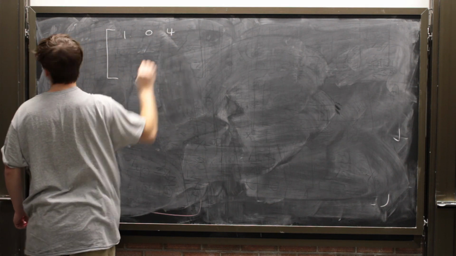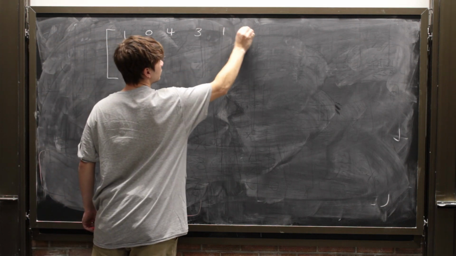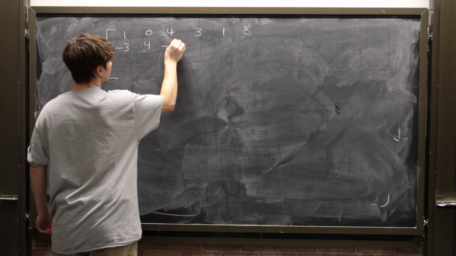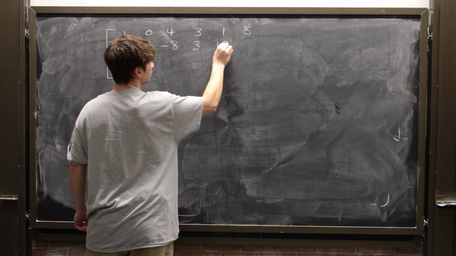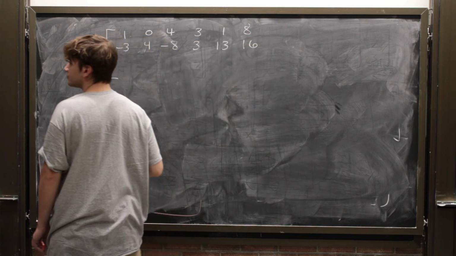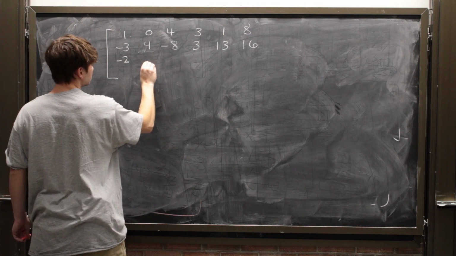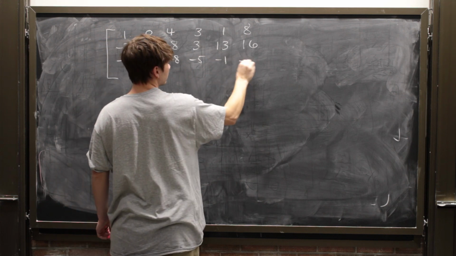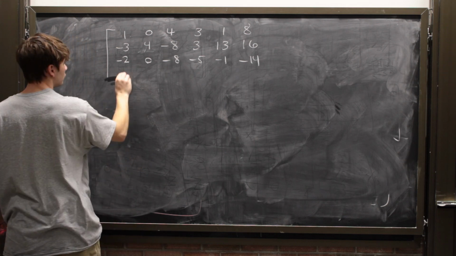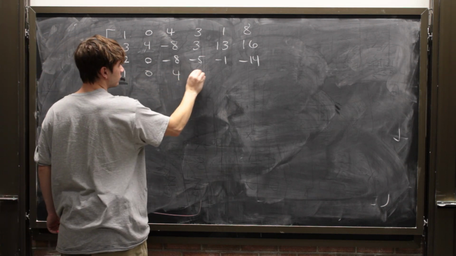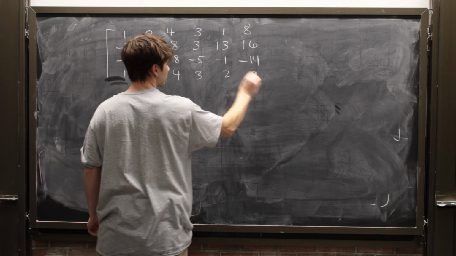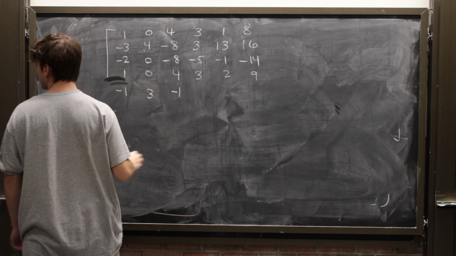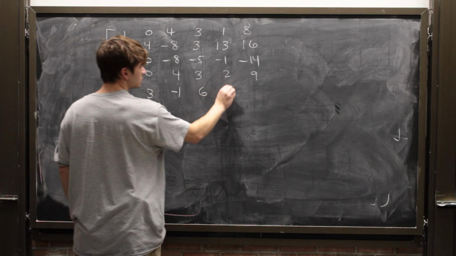1, 0, 4, 3, 1, 8, negative 3, 4, negative 8, 3, 13, and 16, negative 2, 0, negative 8, negative 5, negative 1, negative 14, 1, 0, 4, 3, 2, 9, and negative 1, 3, negative 1, 6, 10, and 21.